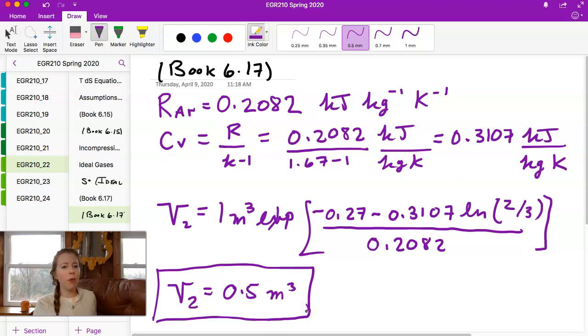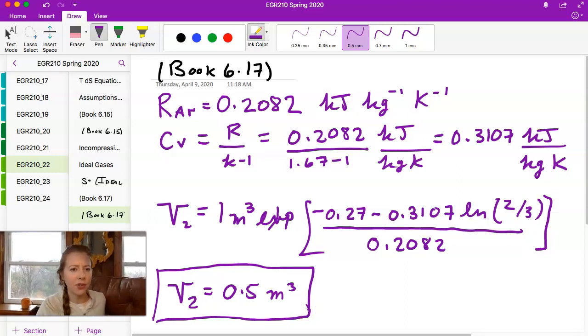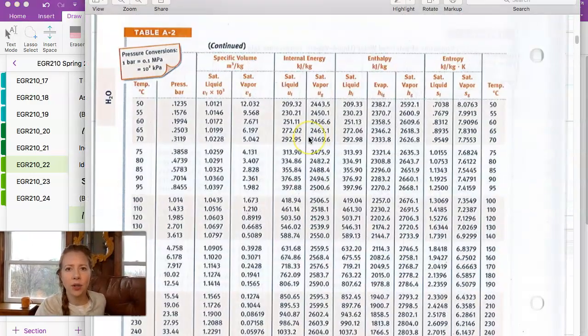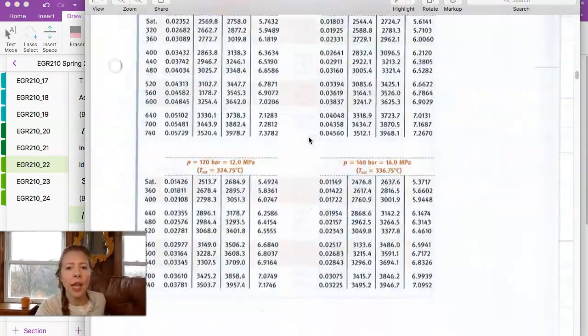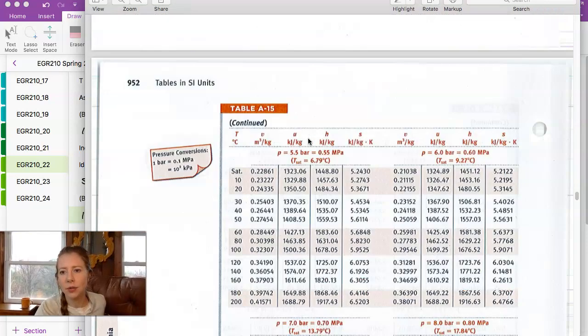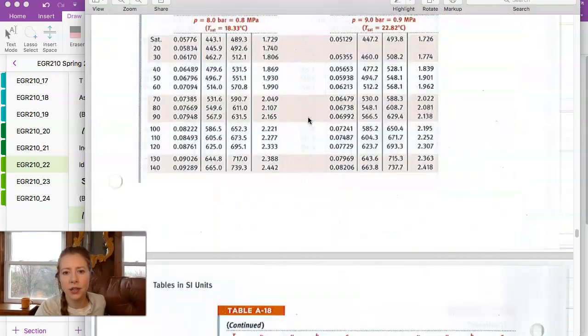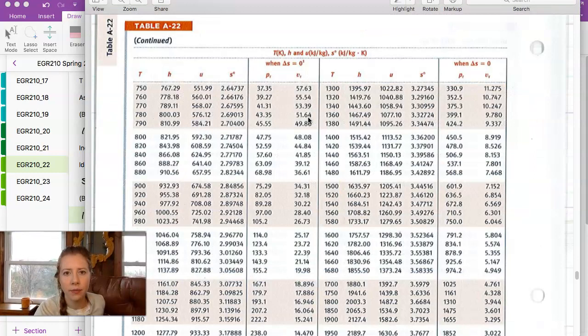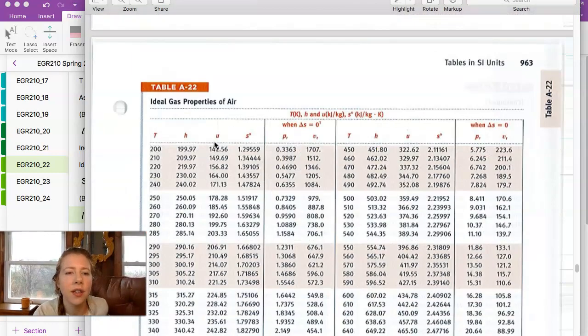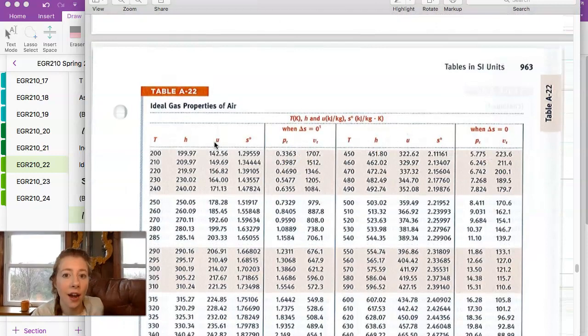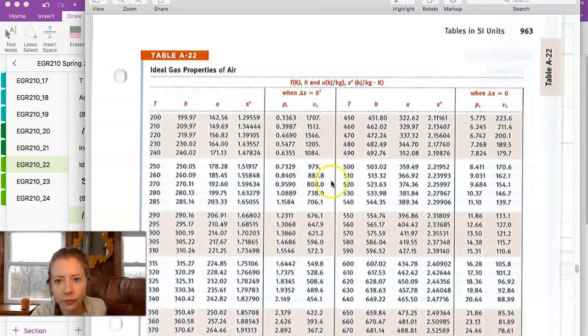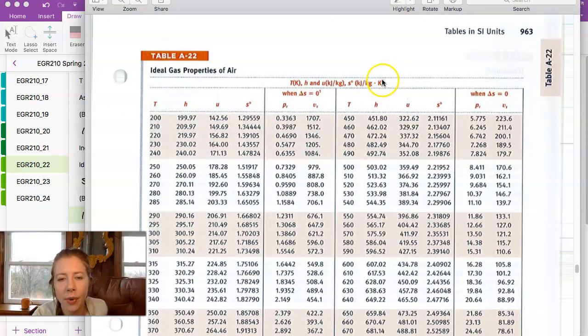All right, so before we finish for the day, this is the last problem we're going through. I just want to pull up the table so everyone's on the same page of what to look for when you're looking at entropy for ideal gases. So I'm just going to scroll down to the ideal gas tables. Here this is just ideal gas properties of air, and you see you have the s with the degree symbol in kilojoules per kilogram Kelvin.